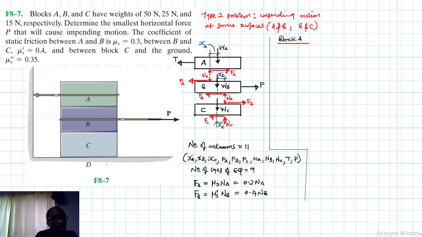So on this particular block, what do we have? Say summation of forces in the Y equal to 0, going up in our reference. We have minus WA plus NA equal to 0.